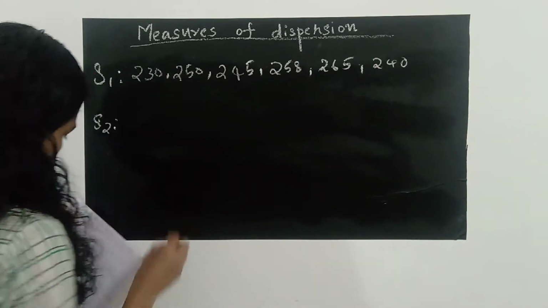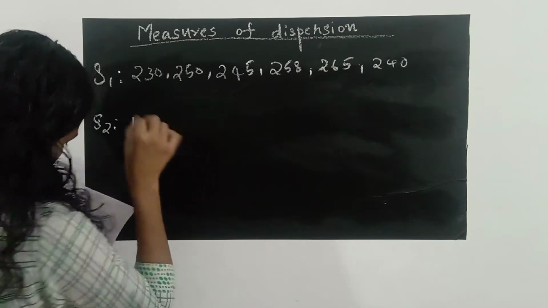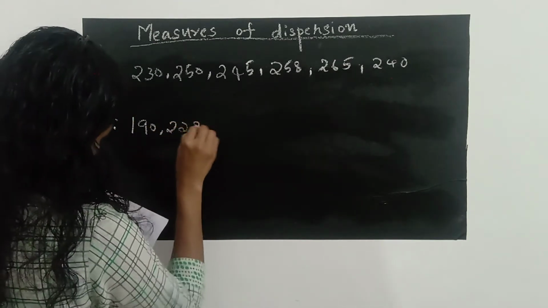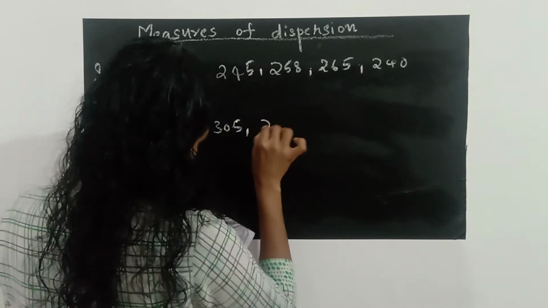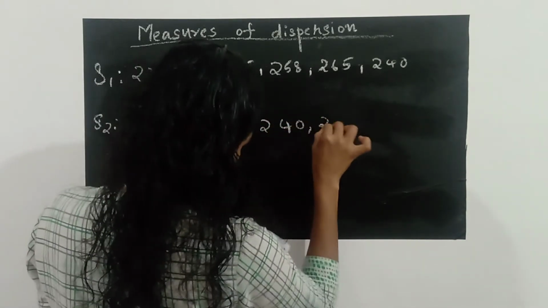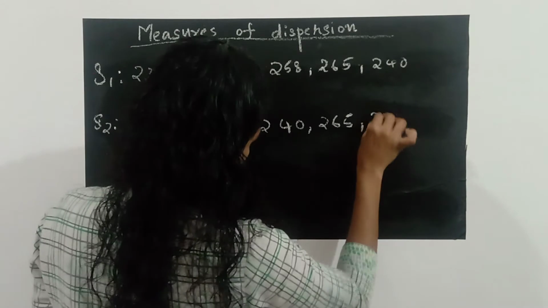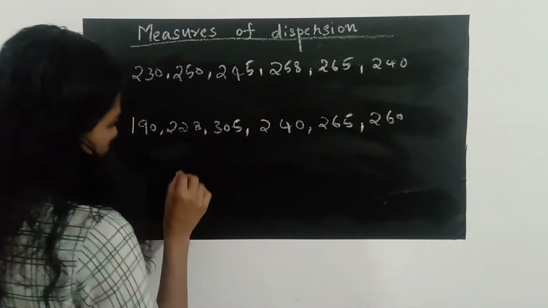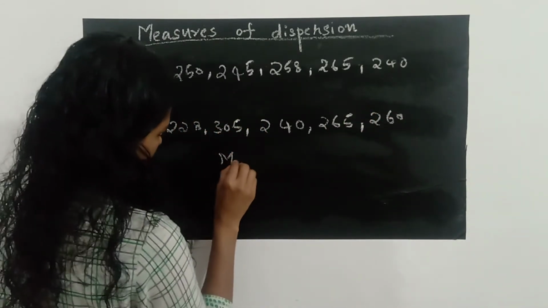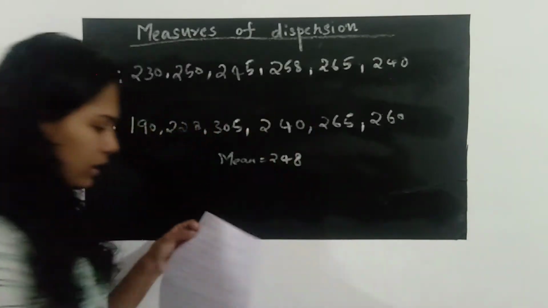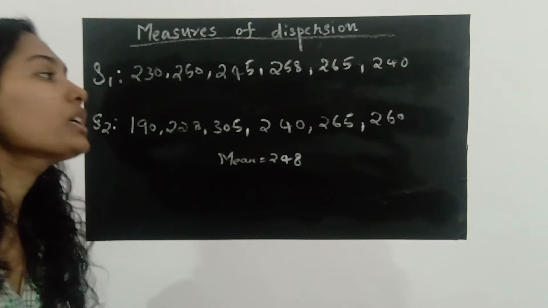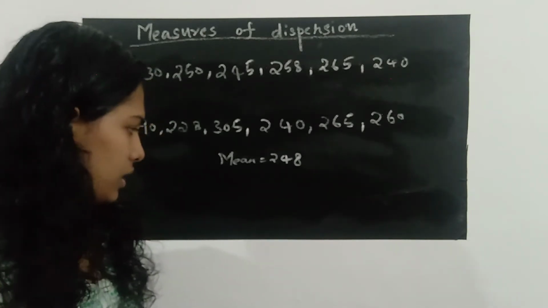And sample 2 is 190, 228, 305, 240, 265, 260, and the mean is 248.